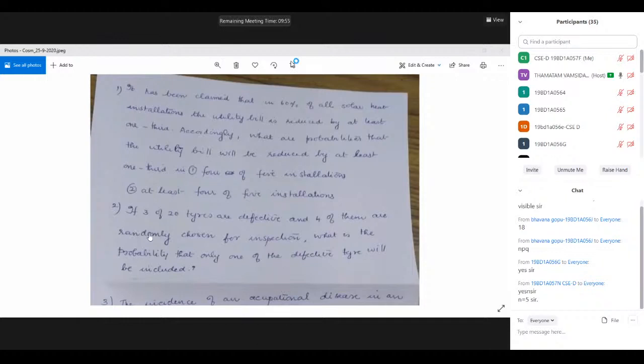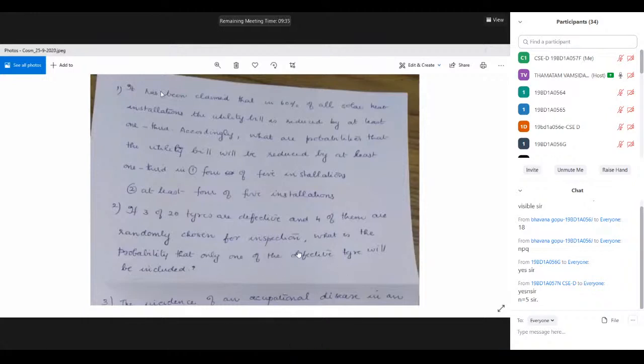Are you there? In this one, small p is 60%. 60%. That means 60 by 100. We know n and small p. You can get q value.